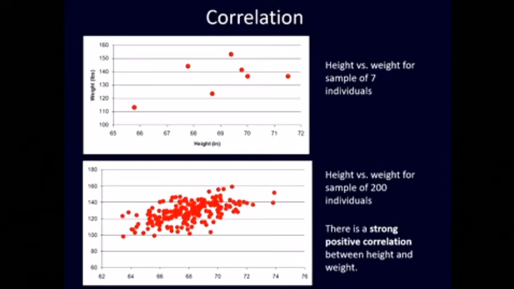On average, if you pick two people and you compare their heights, and let's say George is taller than Peter, then most of the time you would find that it's also true that George weighs more than Peter. Not all of the time, that would be a perfect correlation, but most of the time, on average. That's another way of saying what it means to say there's a positive correlation between height and weight.